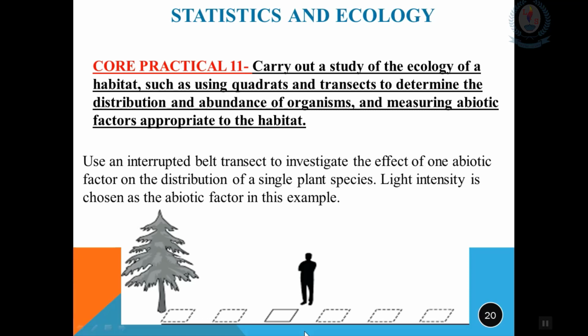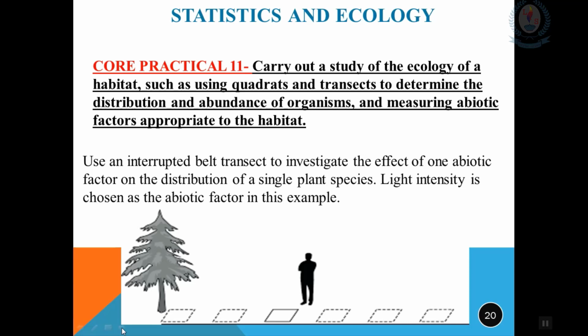Starting at one end of the transect, we lay a quadrat next to the 0-meter mark on the tape and record the abundance of the species that we selected and measure the light intensity at ground level. Then move the quadrat 2 meters along the tape. Likewise, you can repeat the process, and if you want, you can take the same measurements again and again.